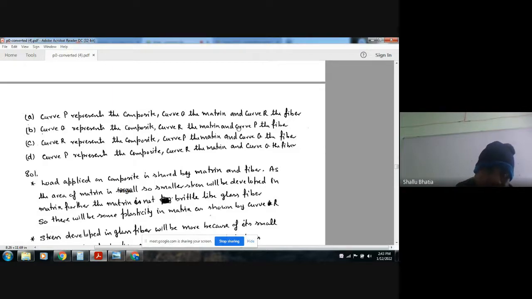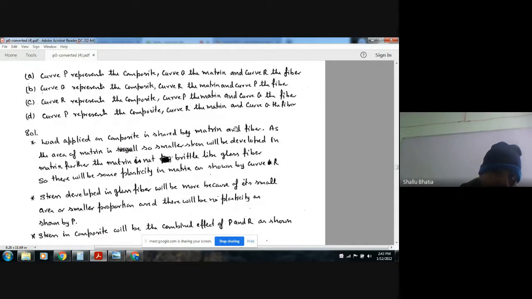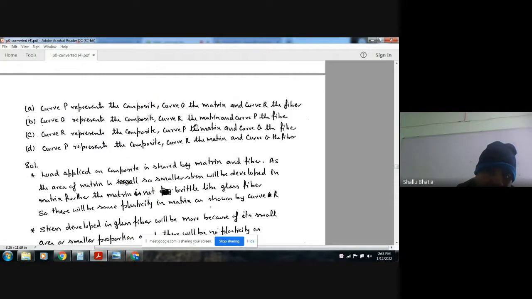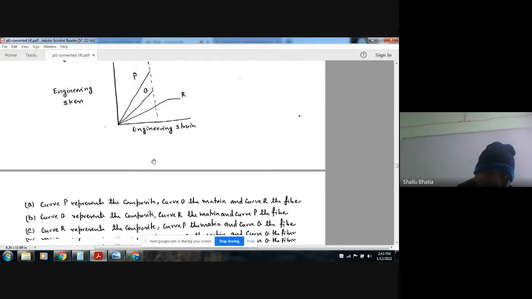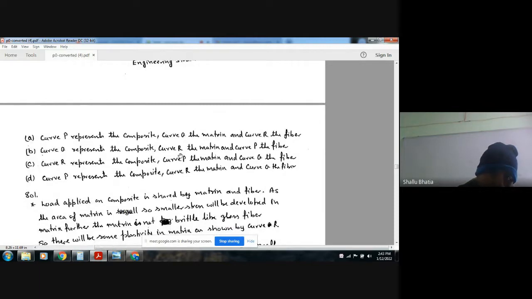The load applied to the composite is shared by the matrix and fiber. The area of the matrix is large, so the smaller stress will be borne by it. So the smaller stress is given by R. R will represent the matrix, and Q will be in between.